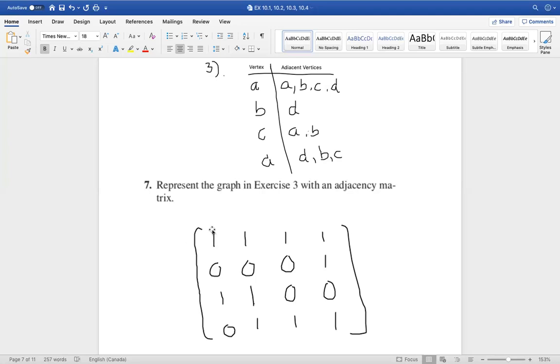So here we put 1 because A is adjacent to A. Otherwise we put 0. Okay, that makes sense. Thank you.